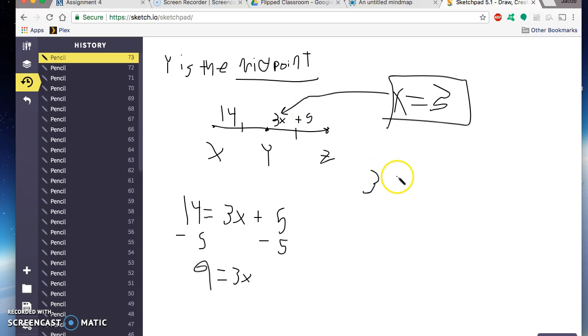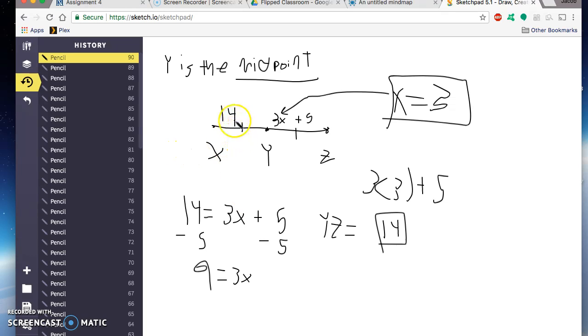That's going to be 3 times 3 plus 5, which is 9 plus 5, which is 14. So I know XY is 14, and I know YZ is 14. And if I wanted to find the whole segment length, I know XZ would have to be 28.